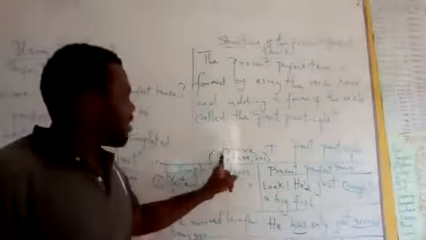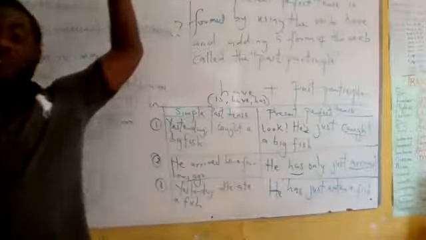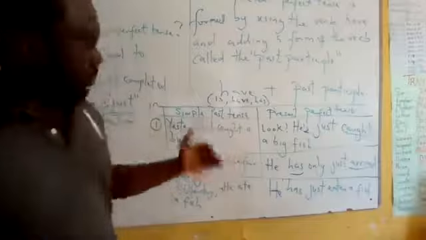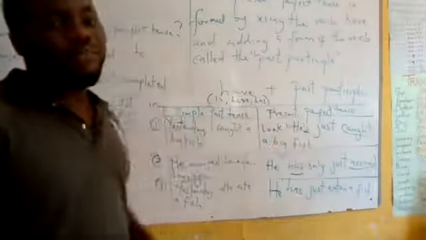Remember, your simple past tense is talking about actions that have been done in the past. But we're able to use this to write about the present perfect tense.